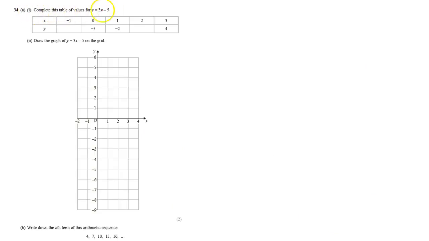Question number 34a, first part: complete this table, and y is equal to 3x minus 5. So x is a variable. You can see x is having different values, so we keep on changing x to get the value of y. First is -1, so we will put x is equal to -1. 3 times -1 is -3, minus 5.